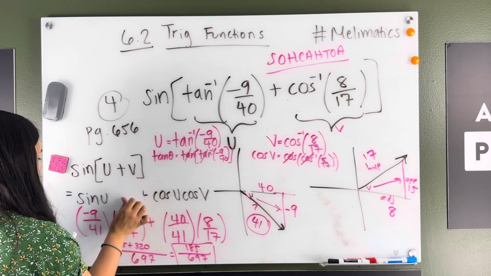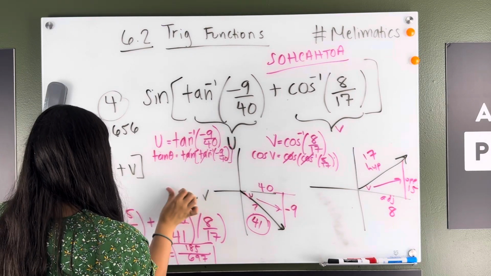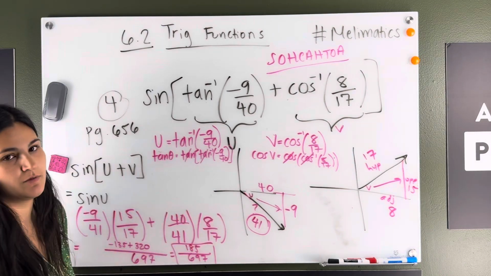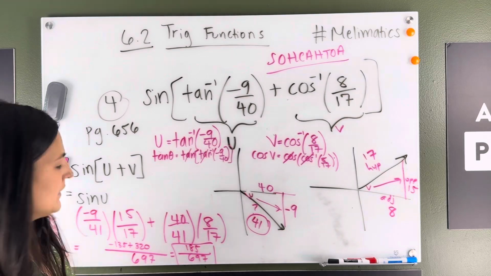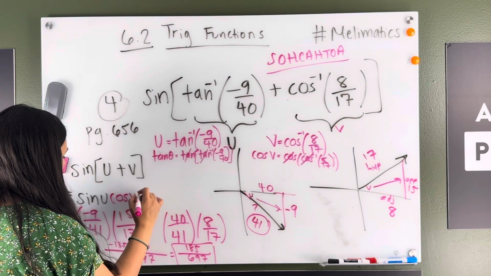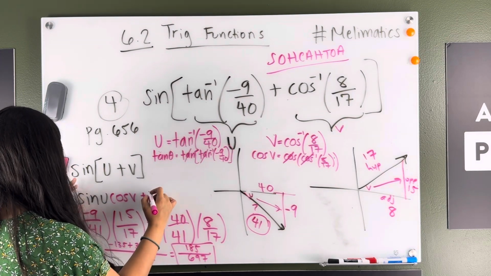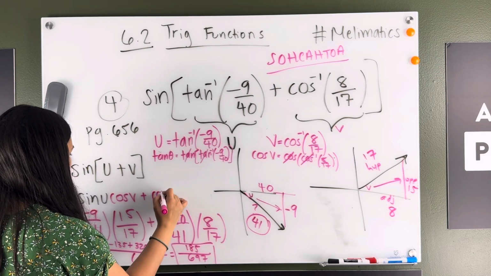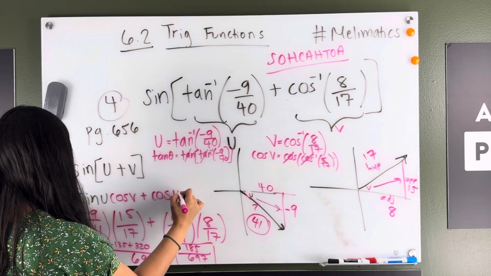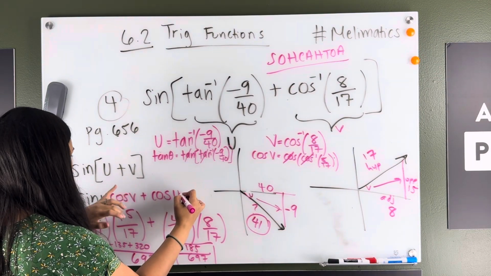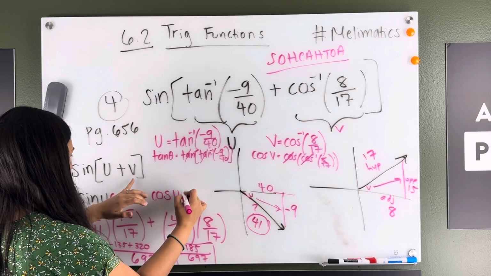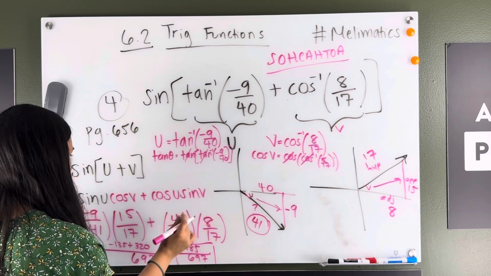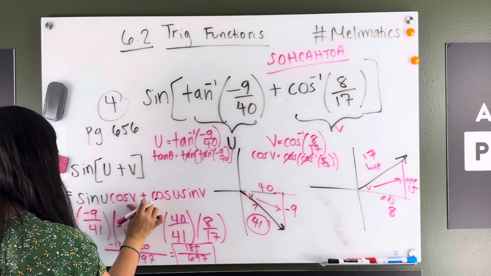That does not usually happen to me because I like these formulas, sine and cosine. So I'll probably give it to you guys to use. Sine, cosine, cosine, sine. So therefore I flip to these.